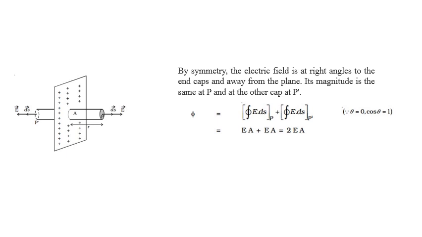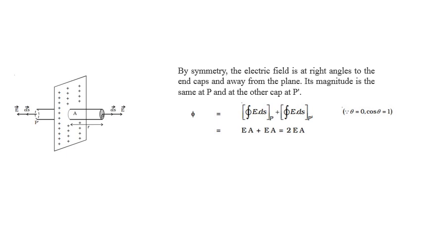In this case, we assume a cylindrical Gaussian surface of length 2r, r on one side and r on the other, downward and upward, with the cross-sectional area A.